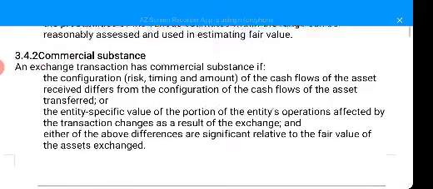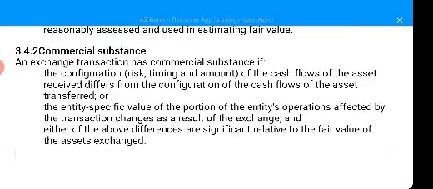Now let's talk about commercial substance. What do we mean by commercial substance?